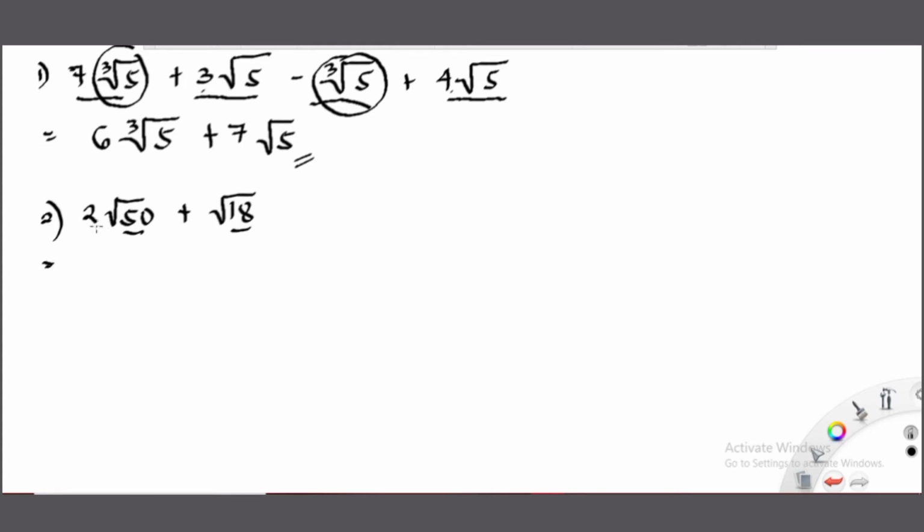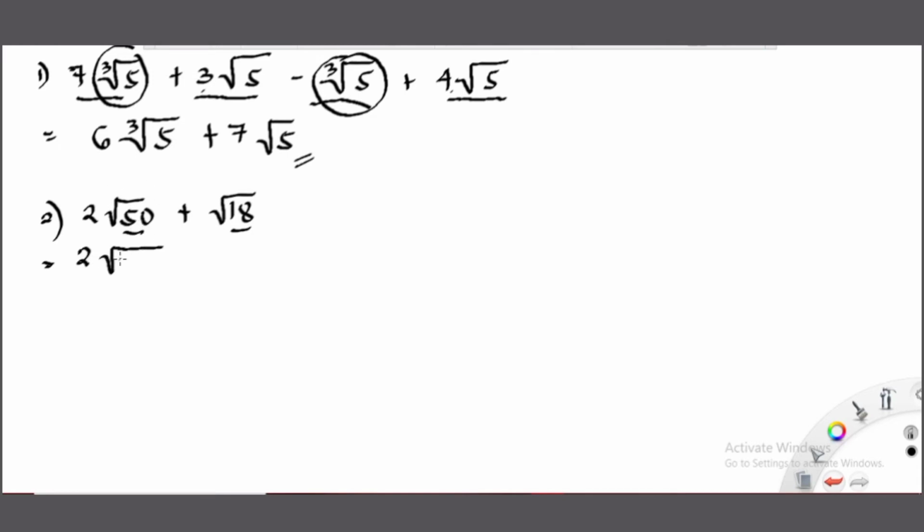For the first radical, we have 2 square root of 50. We can simplify 50. When we simplify it, as mentioned in our previous video, we have to look for the factors of 50 where one of the factors is a perfect square since the index is 2. And if we think of that, we will get 25 times 2. So, we copy the coefficient 2 and then the square root.